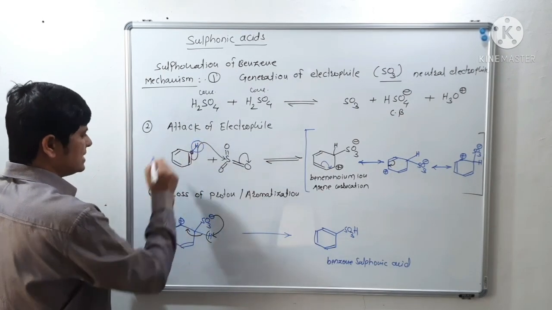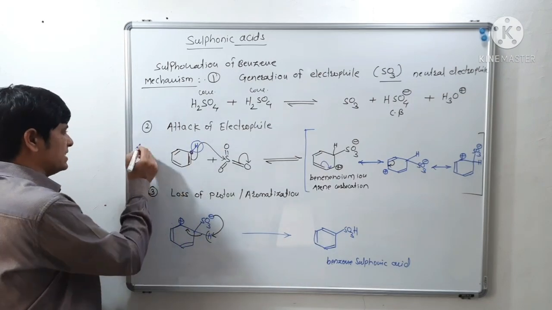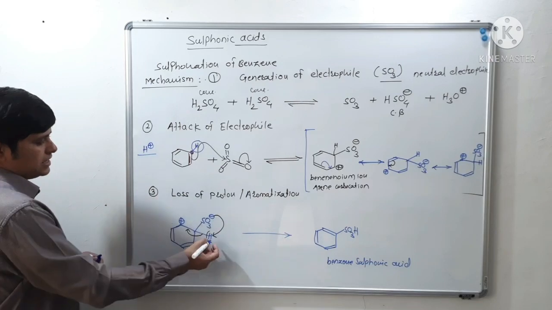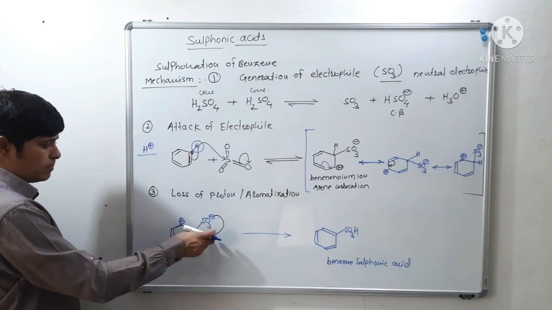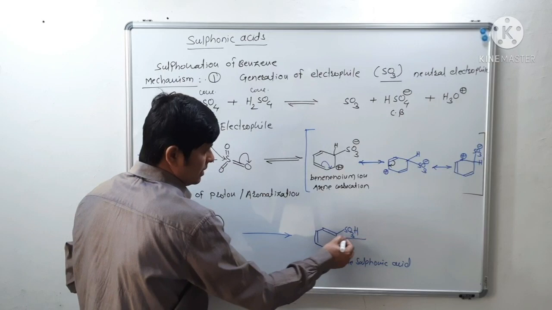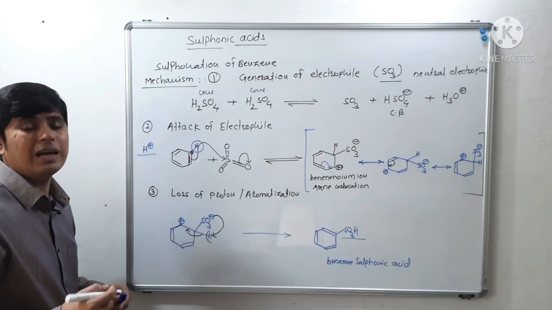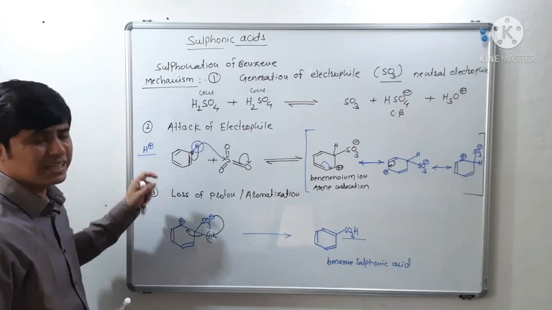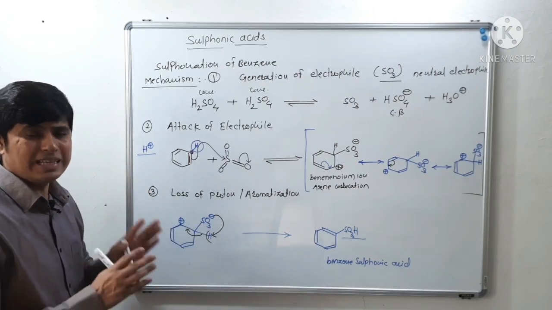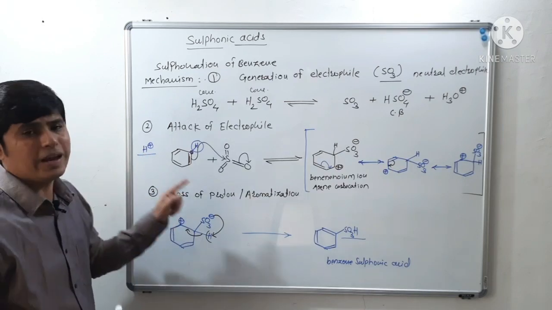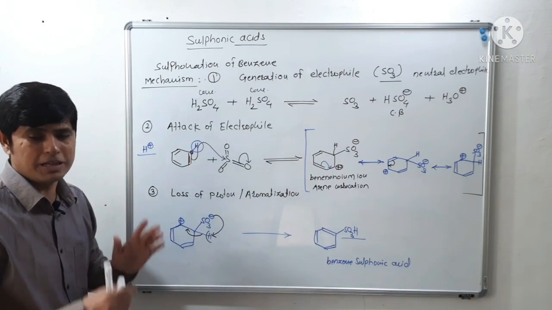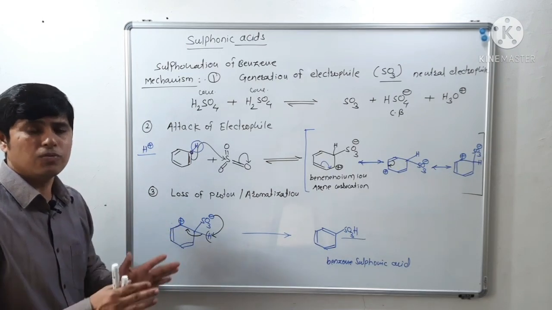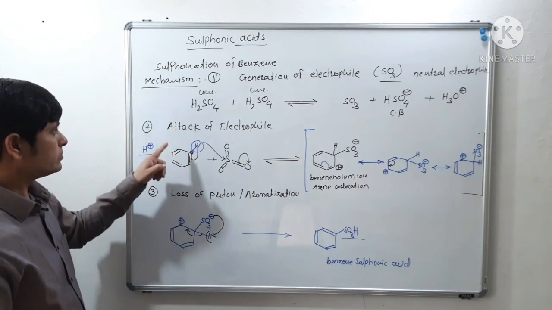We have replaced this hydrogen, which is lost as H plus, by SO3, which is an electrophile. Hence it is a replacement of an electrophile by an electrophile, so it is an aromatic electrophilic substitution reaction.